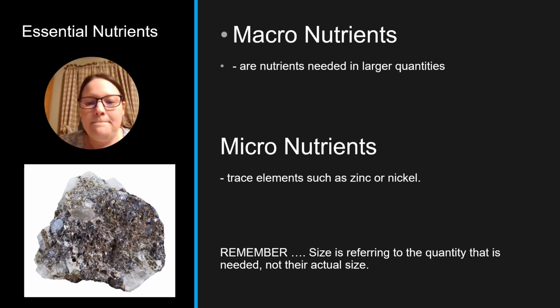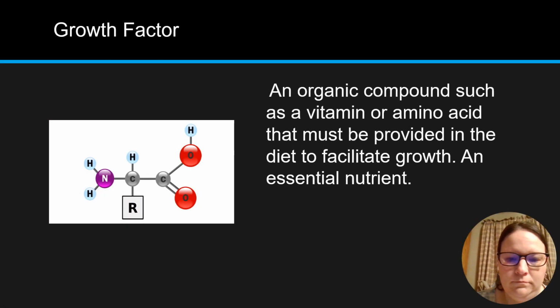The other one is macro, and these are nutrients that are needed in larger quantities. What is a growth factor when it comes to microorganisms? A growth factor is an organic compound such as a vitamin or amino acid that must be provided in the diet to facilitate growth, and it's an essential nutrient.